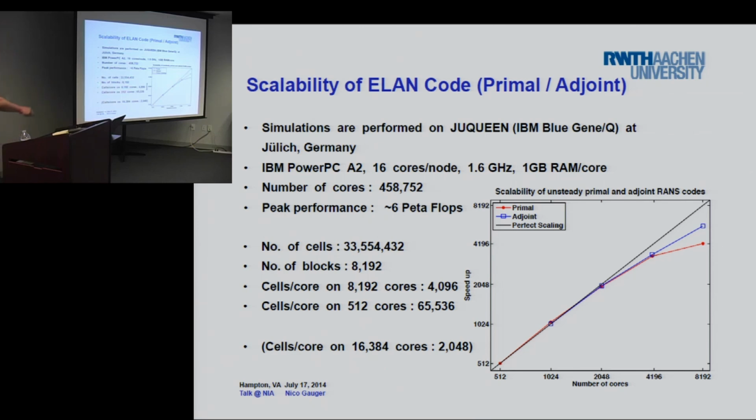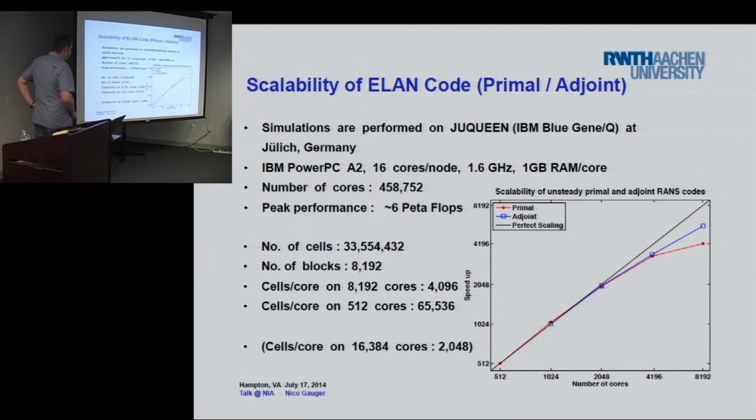So this is how our code performs on the Jülich computer. It's quite a monster if you would have it completely available. I think it's ranked 3 on the top 500 list. We have a big fraction of these 500,000 nodes. We have 16,000 nodes available, a gigabyte run per core.